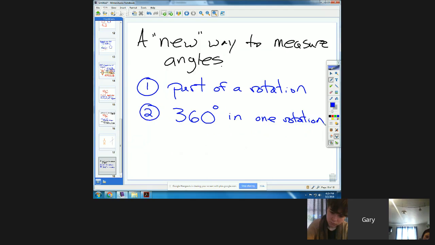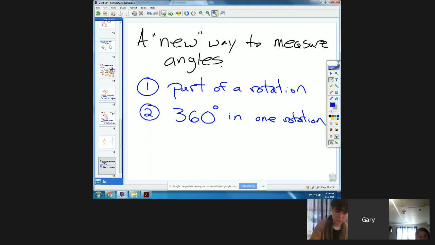So half of a rotation would be 180, and a quarter of a rotation would be 90, and so on. Now, a rotation's a really good idea because it makes sense. I make a full turn, I'm facing the same way I started.